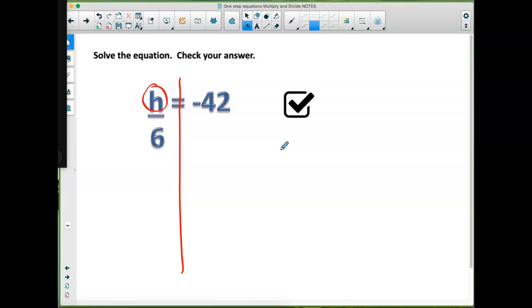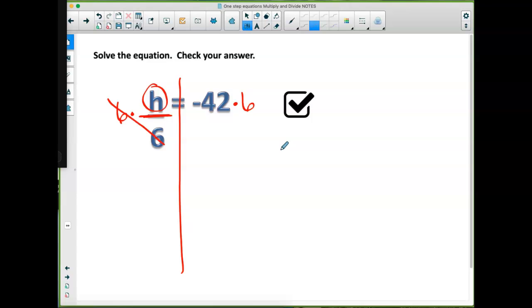Our job is to get rid of whatever's next to the h. We need that h to be by itself. So I have to get rid of this dividing by 6. What's the opposite of dividing by 6? How do we undo that? We need to multiply, absolutely. Some people are writing in the chat. So we're going to multiply each side by 6.